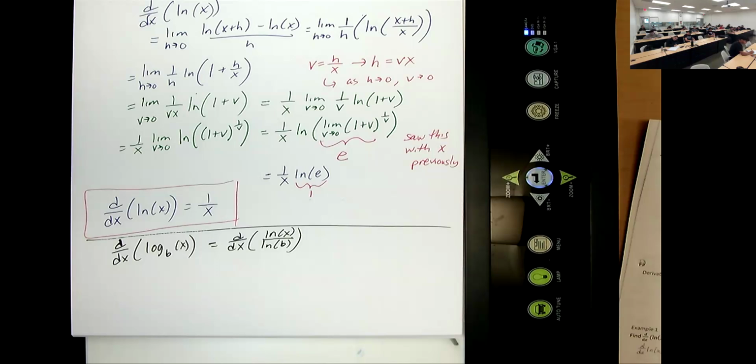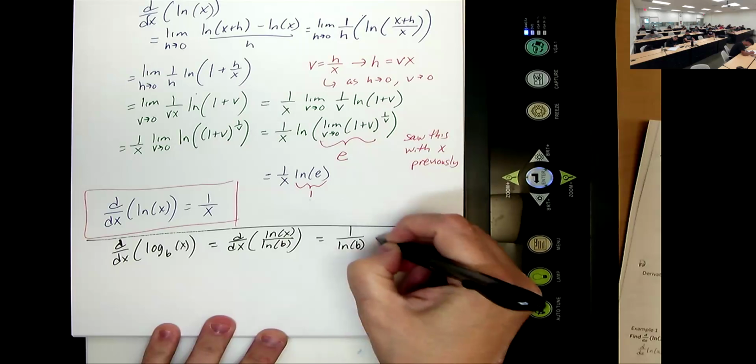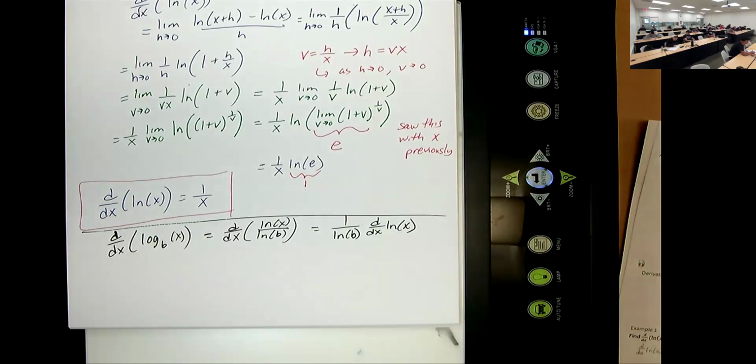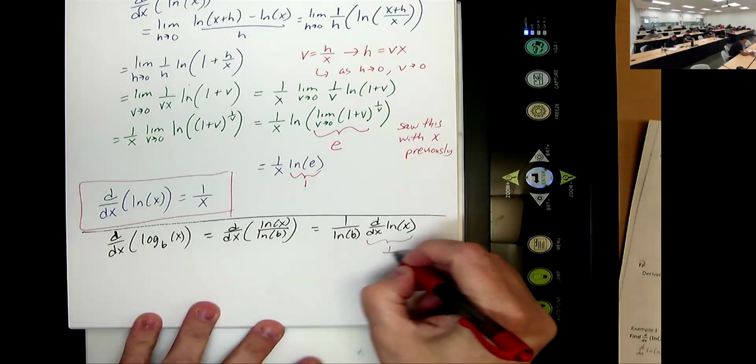And b is just a number, so natural log of b is just a number, which means 1/natural log of b can be factored out. And we already know that's 1/x.